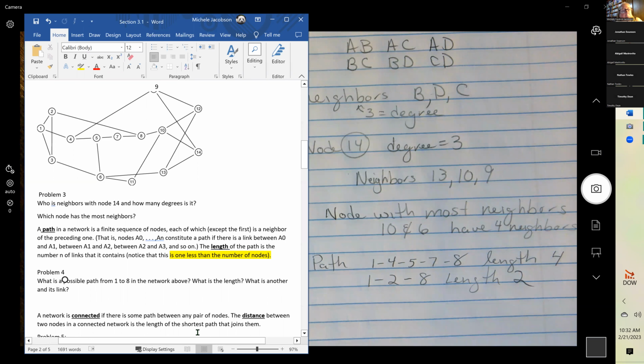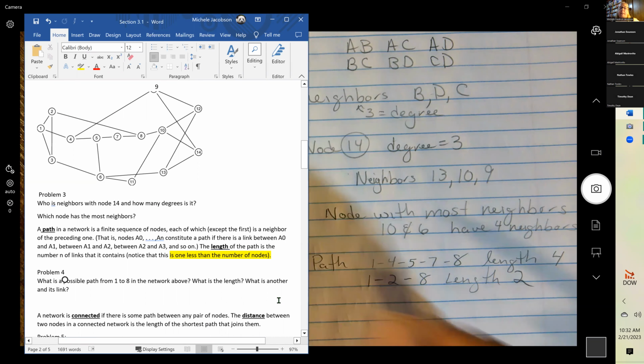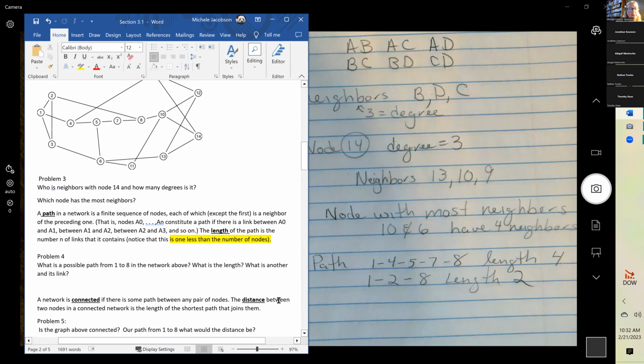The distance between two nodes in a connected network is the length of the shortest path. We said there were a lot of paths between 1 and 8, and I think that's what the next one asks.